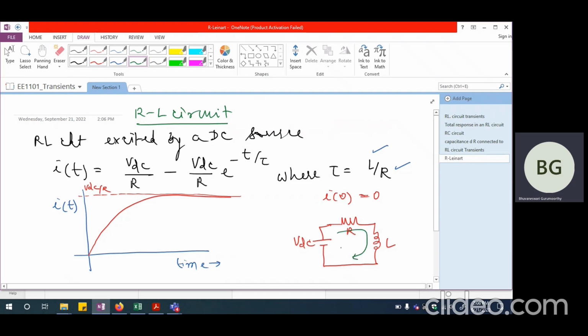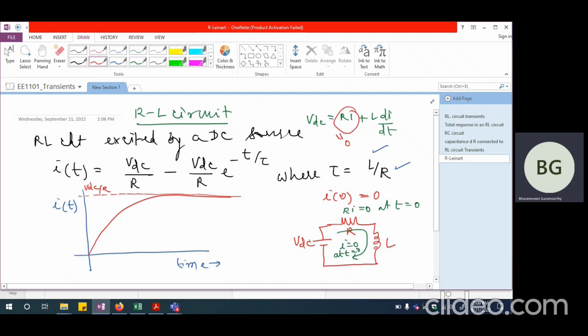Because the current is 0 at t equal to 0, Ri is also going to be 0 at time t equal to 0. So when I write Kirchhoff's voltage law, I wrote VDC equal to Ri plus L di by dt, and the initial condition is that Ri is equal to 0.